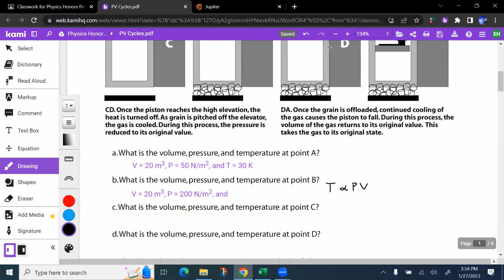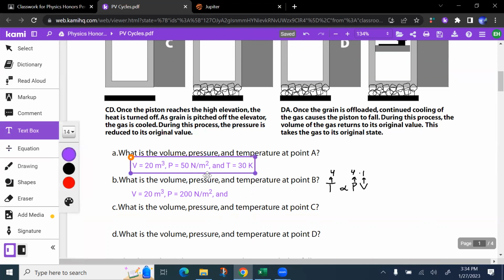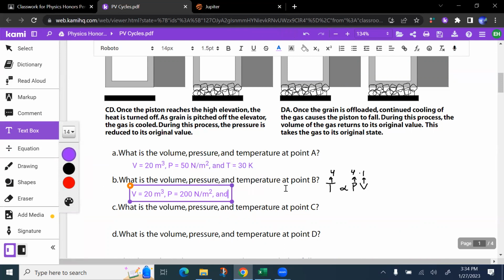So what happened here was the volume did not change, but the pressure increased by 4 times. It quadrupled. So if the volume does not change, that means the temperature quadruples. But what is 4 times the original temperature? 120. So the temperature is now up to 120 Kelvin.